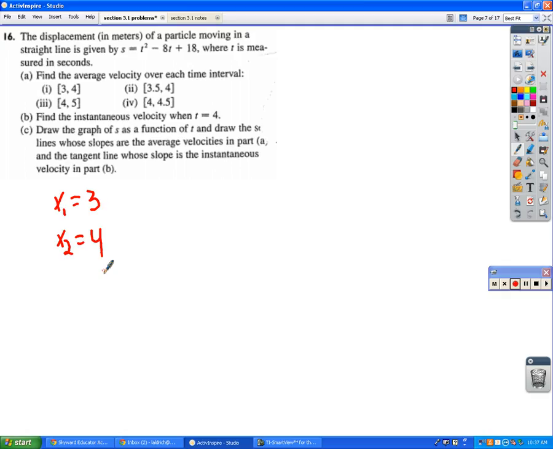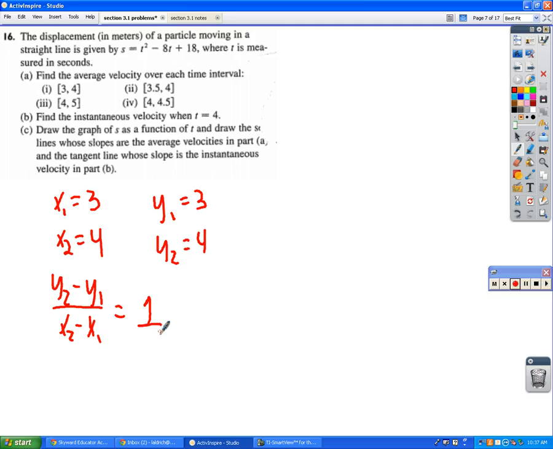Then you plug 3 in and you get 9 minus 24 plus 18, which is 3. When you plug in 4, you get 16 minus 32 plus 18, which is 2. And then you go y2 minus y1 over x2 minus x1.